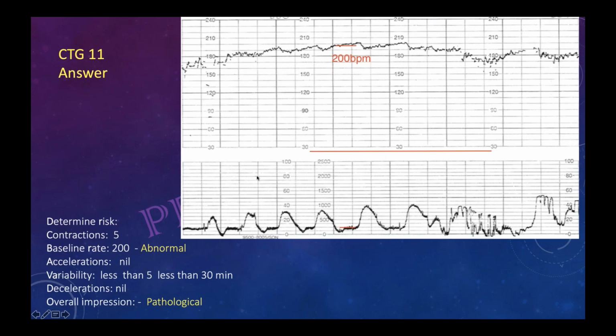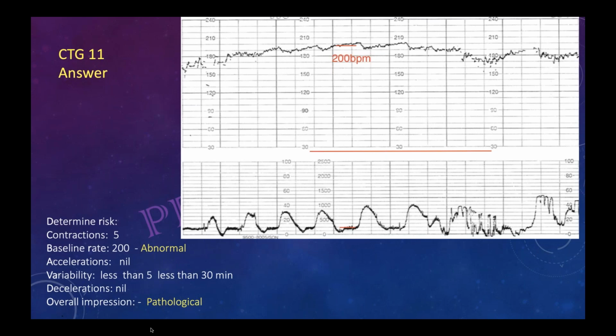Variability is less than 5, but the trace is less than 30 minutes, so we cannot categorize this as an NR feature. If the same CTG were more than 30 minutes, then we could put this as an NR feature. There has been no deceleration. Because of this one abnormal feature, the category becomes pathological. So the overall impression will be pathological. Is it clear?